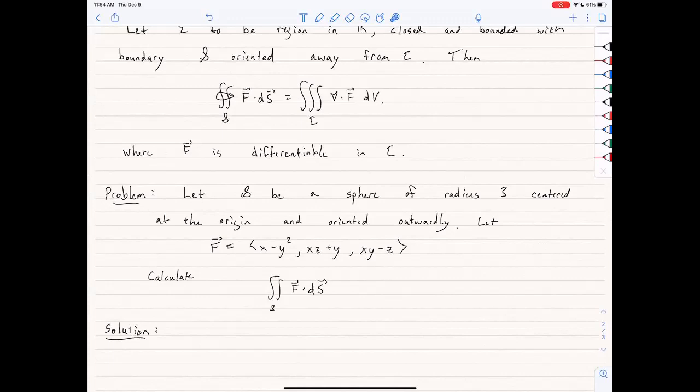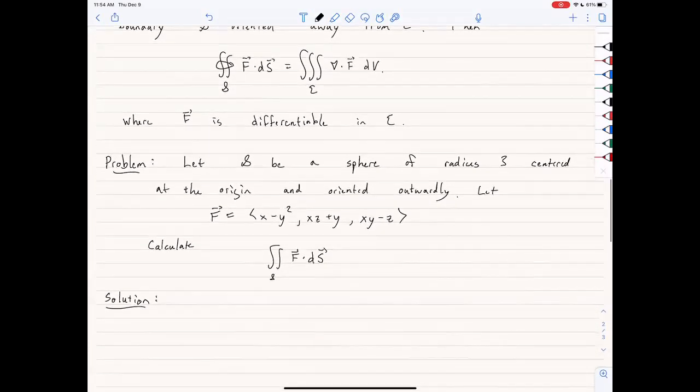It emphasizes it's a closed surface, but for closed surfaces, you don't need to write it. Closed means there's no boundary. A sphere is a closed surface, there's no boundary to it, whereas a disk has a boundary, so it's not closed.